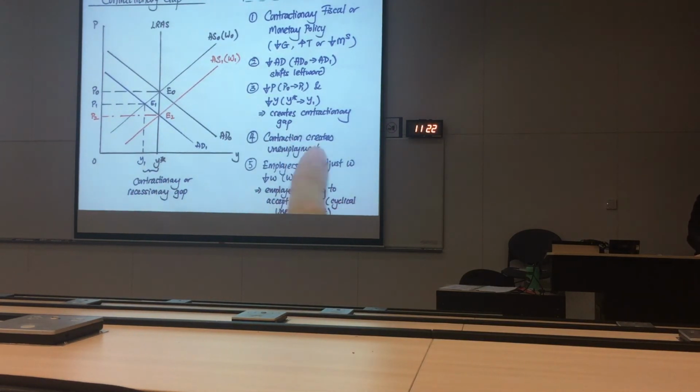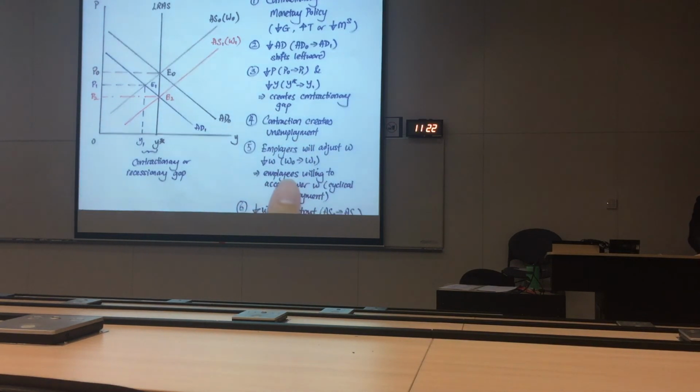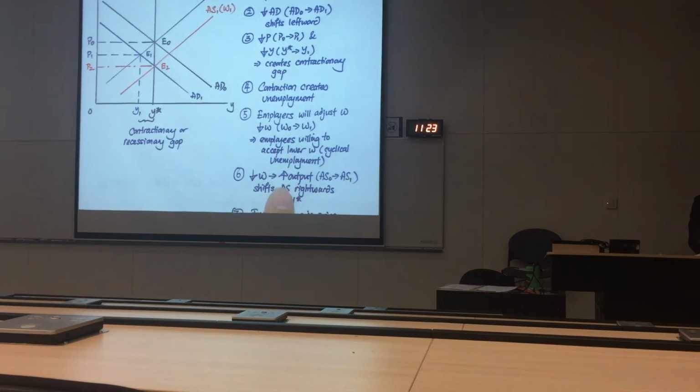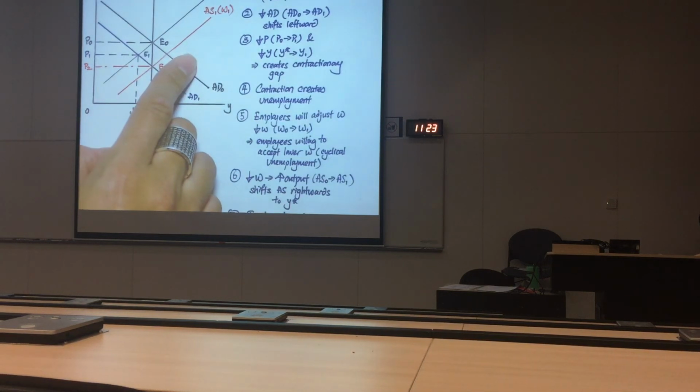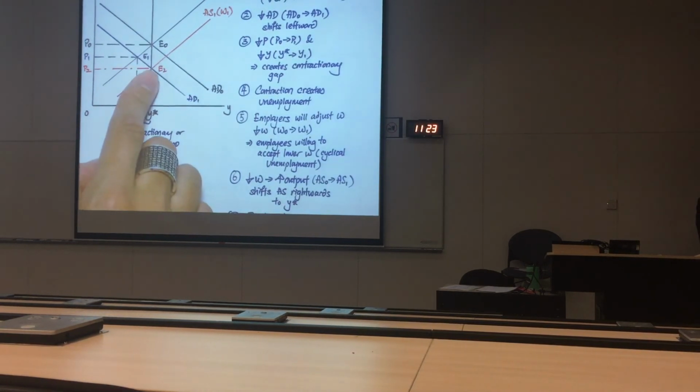Once that happens, reverse the story. You start to see less work needed, and therefore workers get fired, retrenchments. So for this, the employers will start to reduce wages, and the W going down actually has a positive impact on the AS. So this will cause the AS to shift itself to the new position, back to the vertical LRAS now.